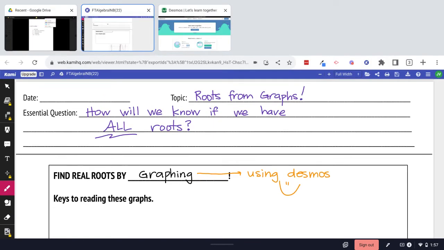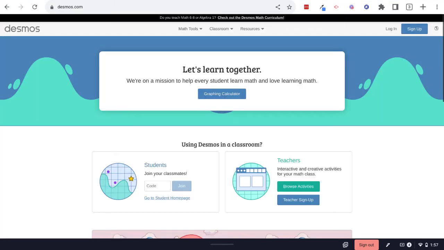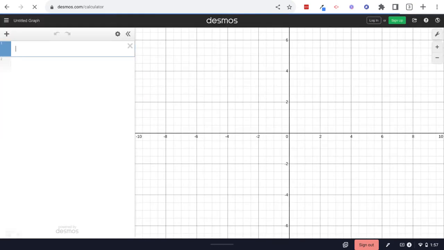So something you should probably do is open up Desmos and get to a graphing calculator page, because we're going to actually use this a little bit today. We're going to actually type some stuff into Desmos.